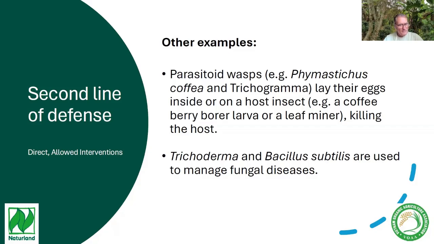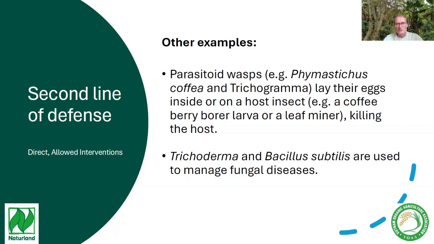Another example is parasitic wasps like Phymastichus coffea or Trichogramma, which lay their eggs inside or on the host insect. There are also quite some success stories, not so much like Beauveria bassiana, but at least in some countries.